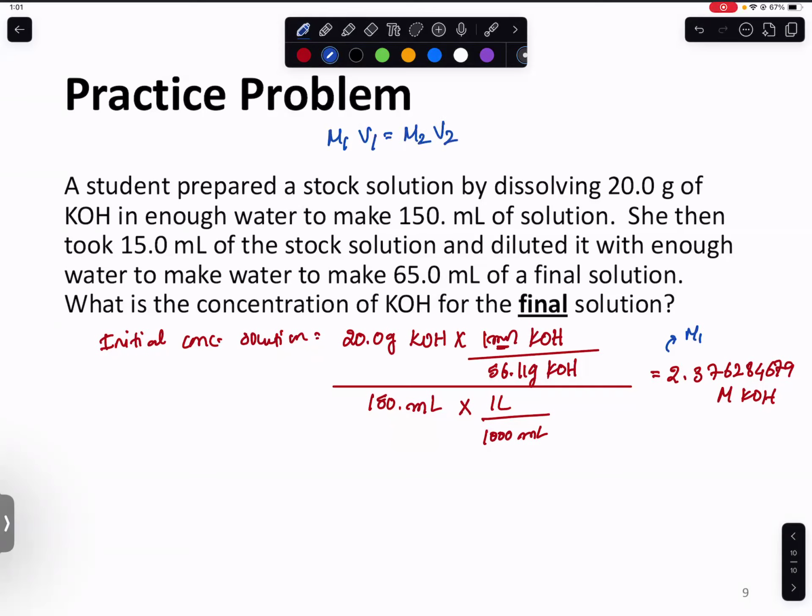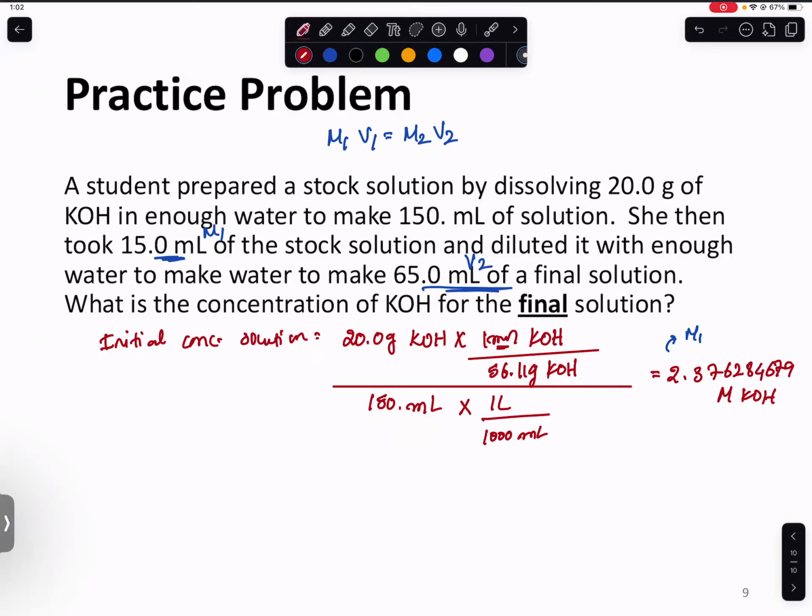Now, she took 15 milliliters of this stock solution and diluted it to make 65 milliliters of final solution. So 15 milliliters here becomes my V1, okay? And 65 milliliters of final solution is V2, all right?